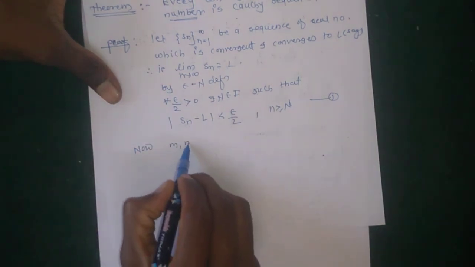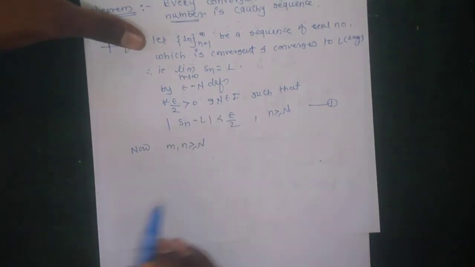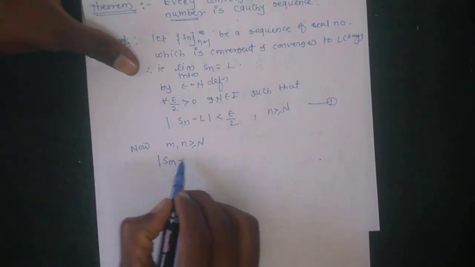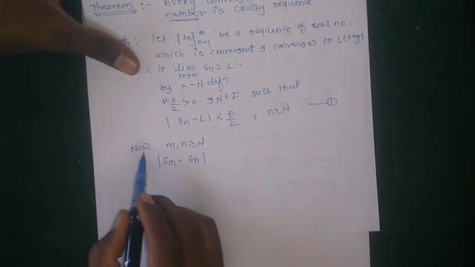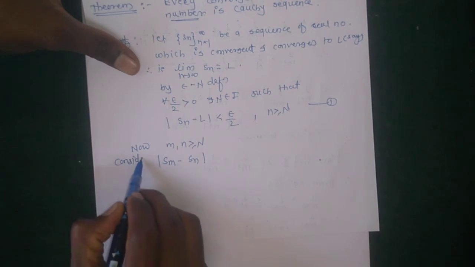Now suppose that m and n are greater than or equal to N. Then consider mod Sm minus Sn.